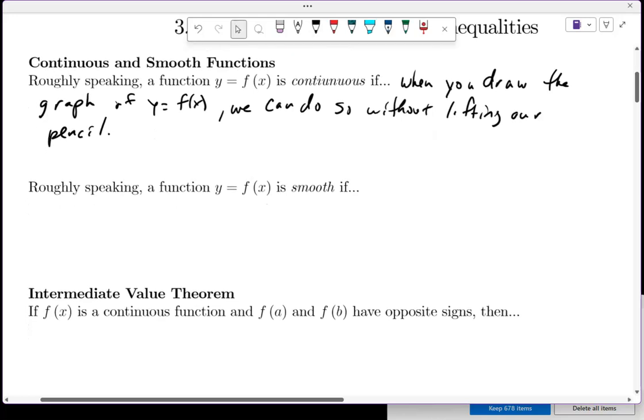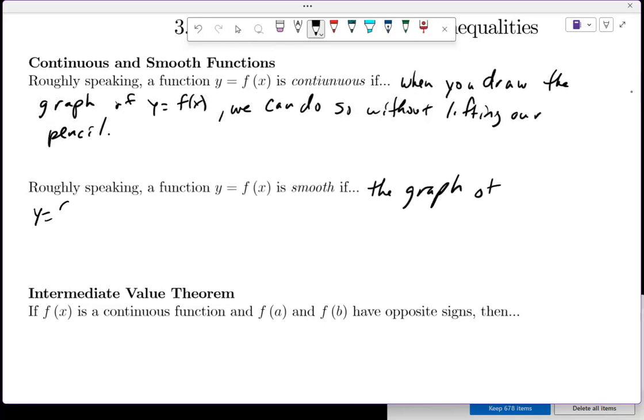So what we mean by smooth is no sharp corners. So if the graph of y equals f of x has no holes, so it has to be continuous, and has no sharp corners. Can you think of a function that when you graph it has a sharp corner?